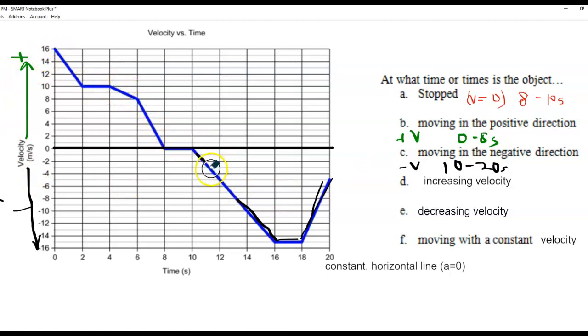Now we're going to look for anywhere where the velocity is increasing. If you increase your velocity, that means the value or the number is getting larger. Just a reminder, positive and negative just mean direction. So don't misconstrue negative as a smaller number than a positive number.